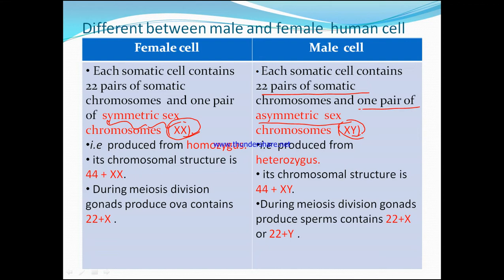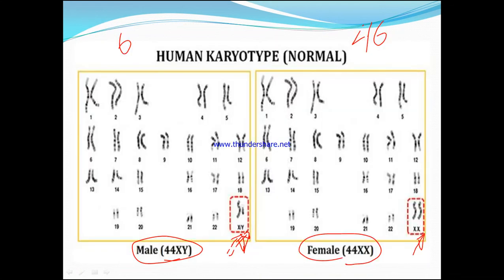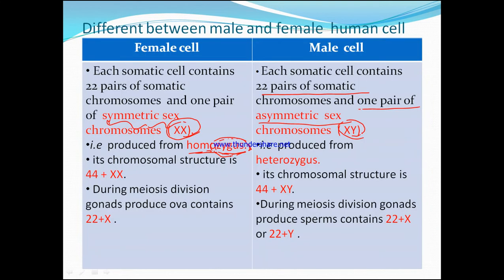Also we can say that the female cell is formed from a zygote. This zygote cell is homozygous, meaning homogeneous or symmetric, like here we have X and X. Whereas the male cell is produced from a heterozygous zygote; hetero means heterogeneous.